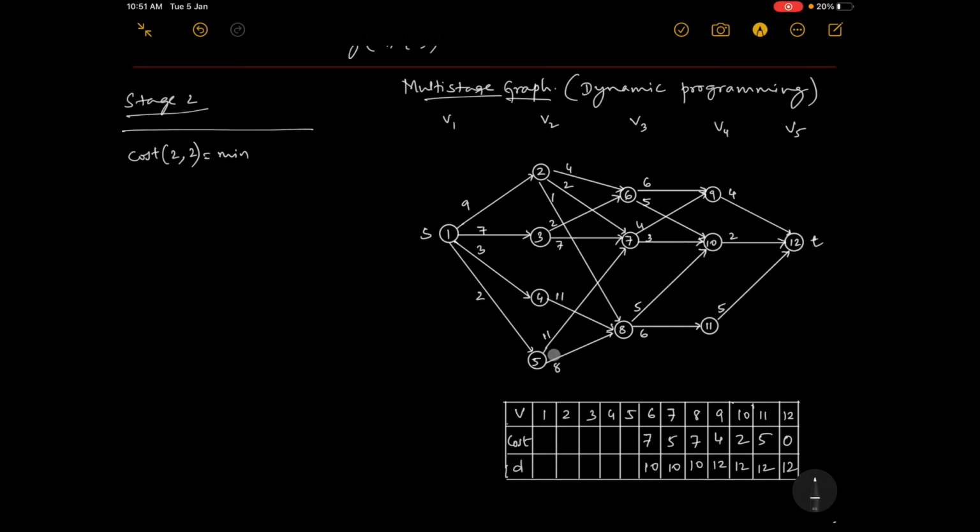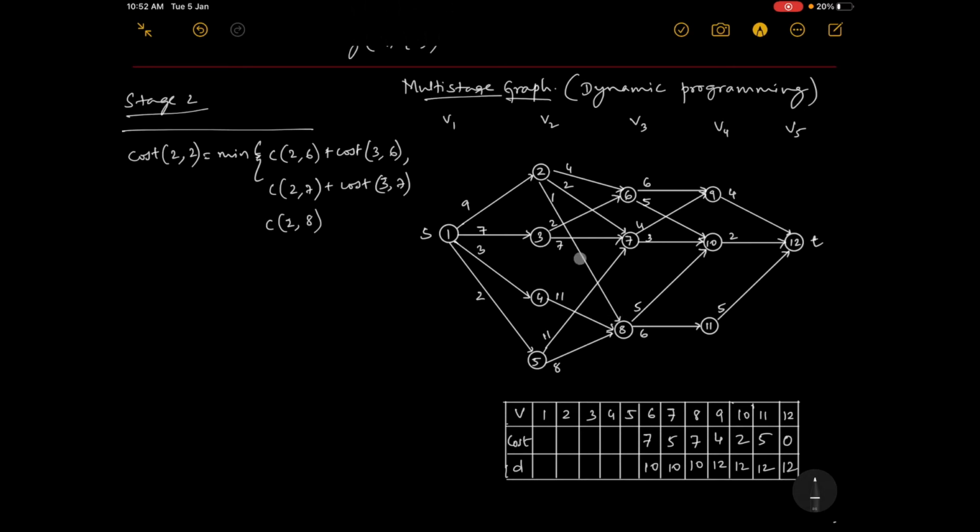Now I'll write a formula for this. Minimum of C of 2 comma 6 plus cost of stage 3 vertex 6, comma, next C of 2 comma 7 plus cost of stage 3 vertex 7, comma, C of 2 comma 8, yes or no?